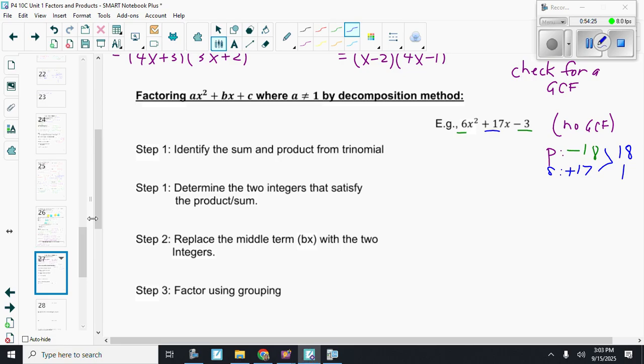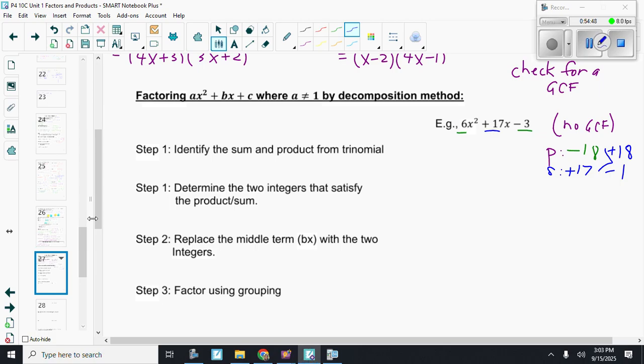Now the product is negative, so one of them has to be negative, one of them has to be positive. But our sum, we want to get to 17. So that means that the sum is positive, so our biggest number is positive, and our smallest number is negative. And we just double check. Negative 1 times 18, negative 18. 18 minus 1 gives us positive 17.